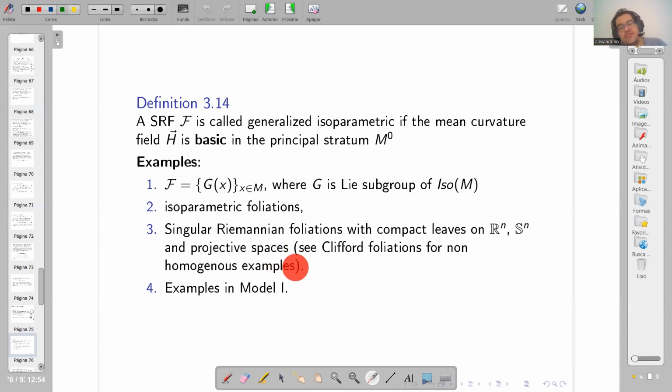And in fact, since every holonomy foliation and the ones in the model are generalized isoparametric, at least in the neighborhood of a leaf, the singular Riemannian foliation admits a metric that makes it generalized isoparametric.